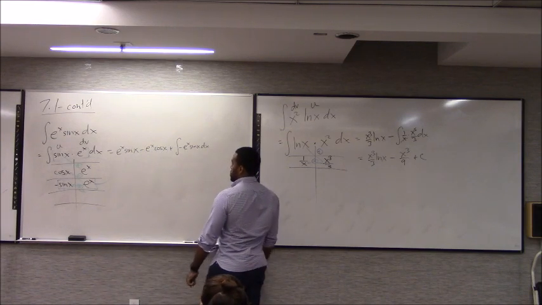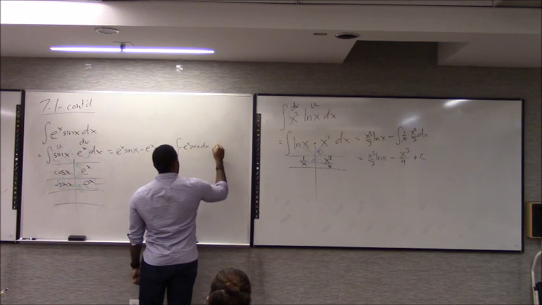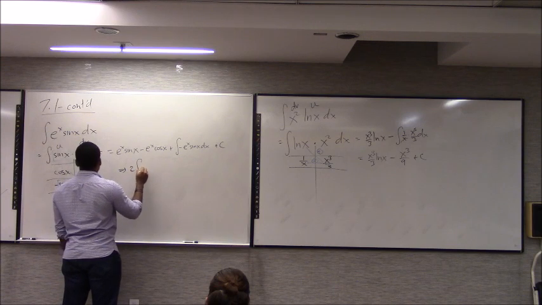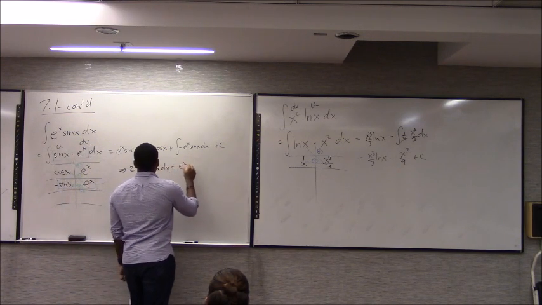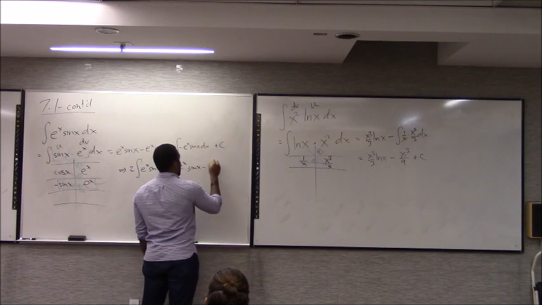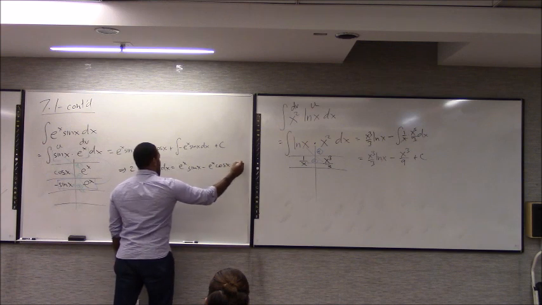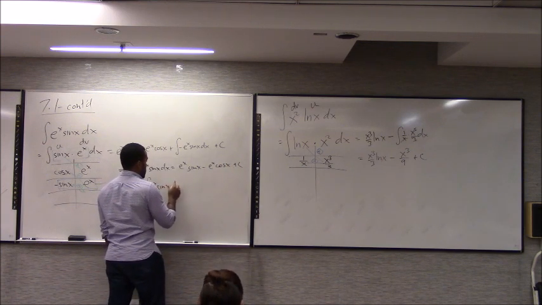And at this point you'll see that, hey, that guy is on both sides, so I can move this over here. Of course there's going to be a plus c. And then we can finally end up with that.